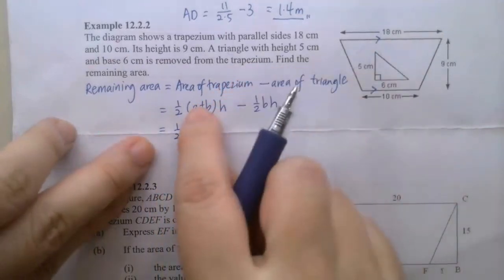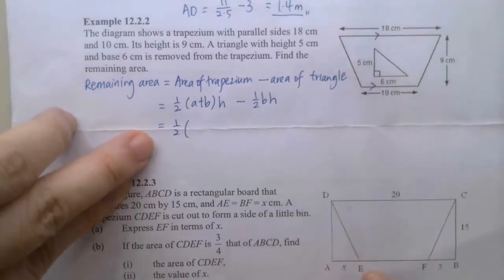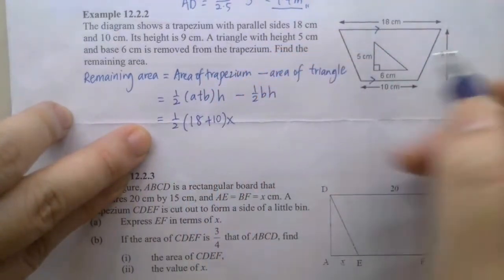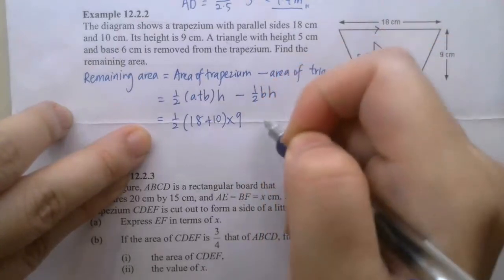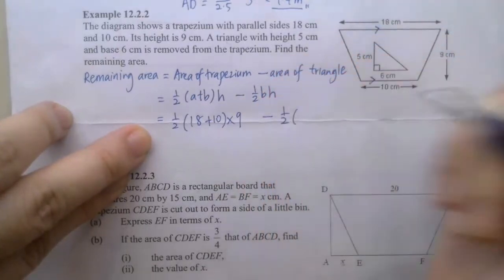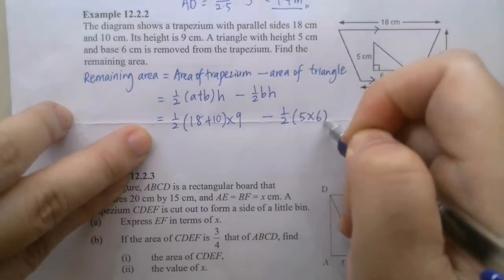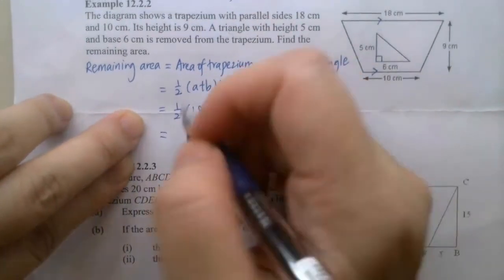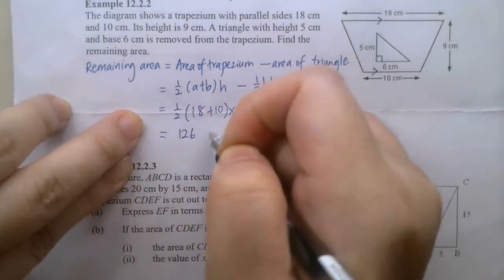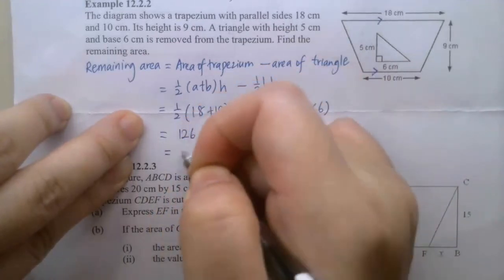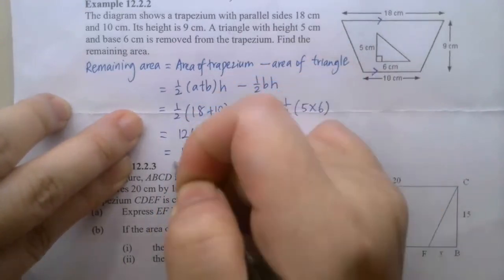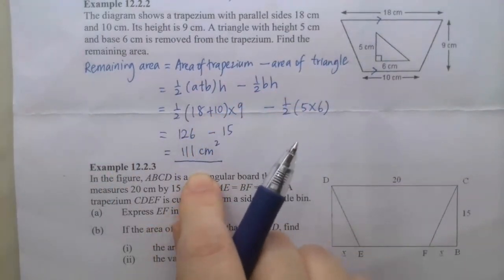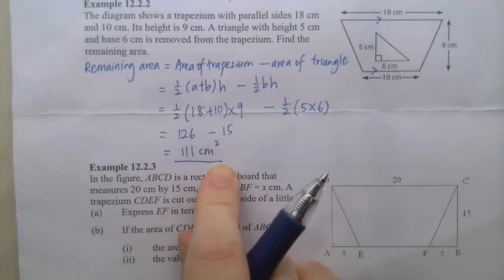The sum of the parallel sides a plus b is 18 plus 10, half times (18 plus 10) times the perpendicular height, which is 9, minus the area of the triangle, half times 5 times 6. You just work this out and you will get 126 minus 15, which will give me the final answer is 111 cm squared. So that is the remaining area, and this is how you should present your working.